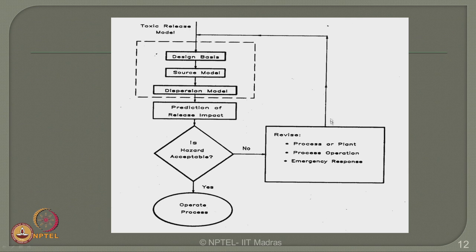Then feed this back to the toxic release model, and again compare the release impact resulting from this revised model with the hazard acceptable limit of the industry. If it is acceptable, then operate the process. If not, keep on revising until the acceptable limit is reached in terms of hazard acceptance level for the release impacts caused by the dispersion models of the toxic release in the industry.